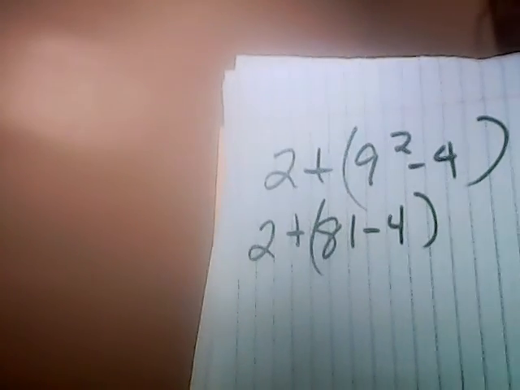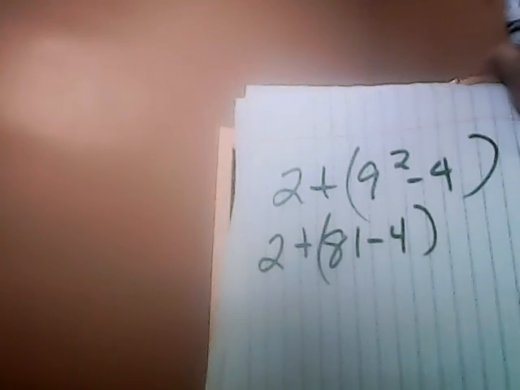So when we do that, we would say 2 plus, and that exponent means 9 times 9, which would be 81 minus 4. And mind you, it's still inside the parentheses. We solved the exponent inside the parentheses.